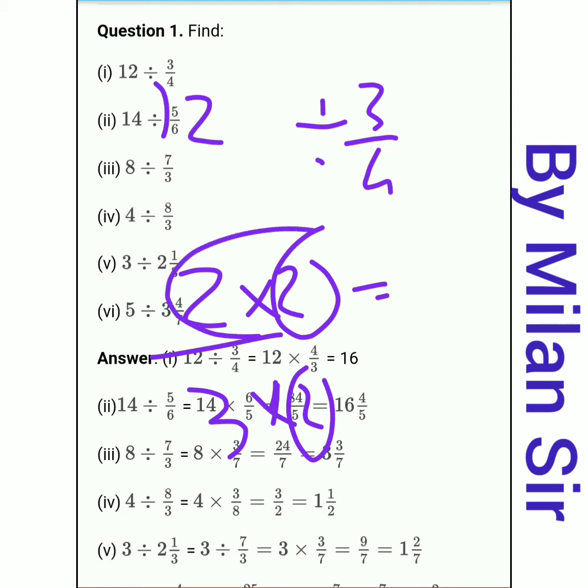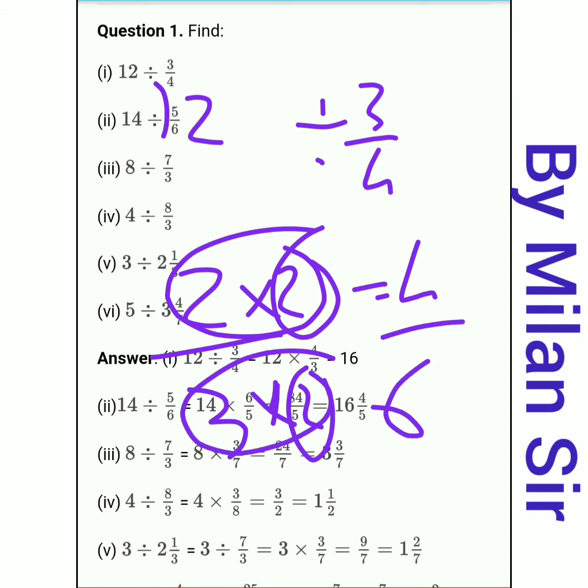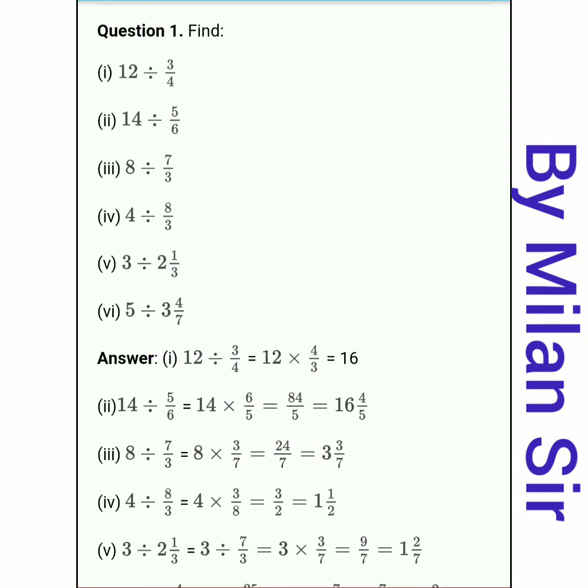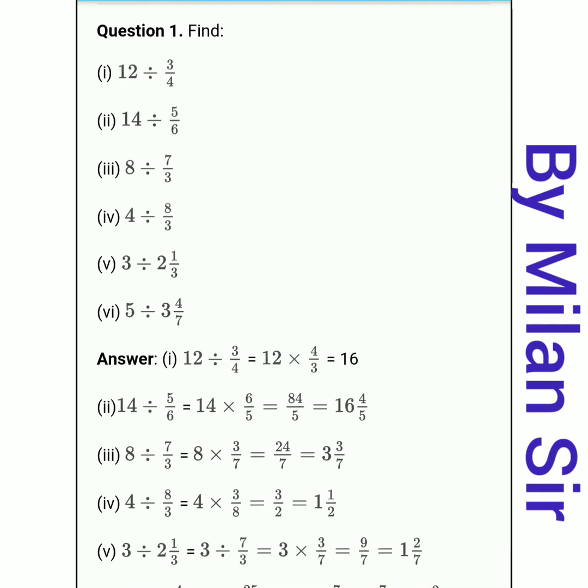Multiplying, 2 to the 4, 3 to the 6, and if we cut it, then again we get 2 by 3, right? Here 2 cut, so we can multiply same number with numerator and same number with denominator, so we get the same answer, right? One more example, 5 by 7.